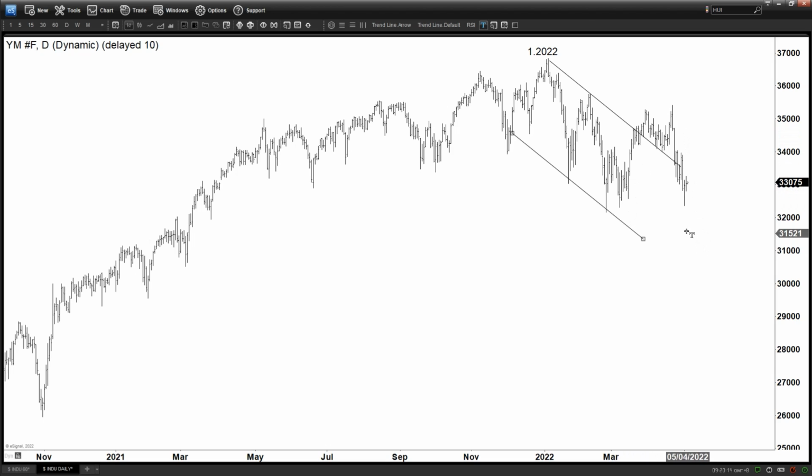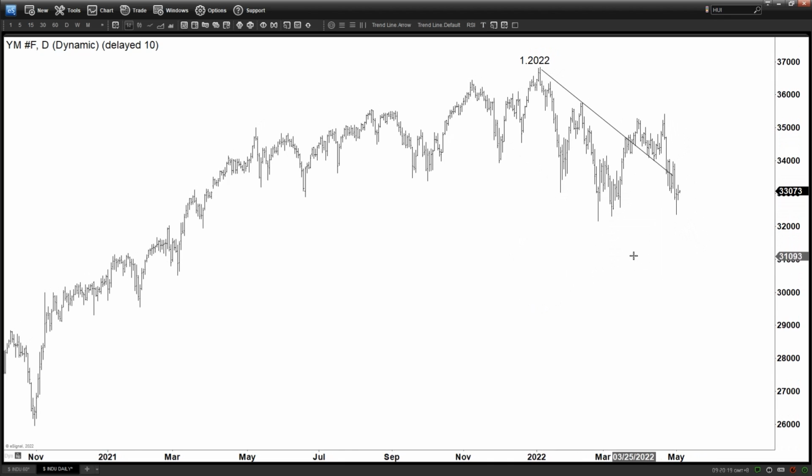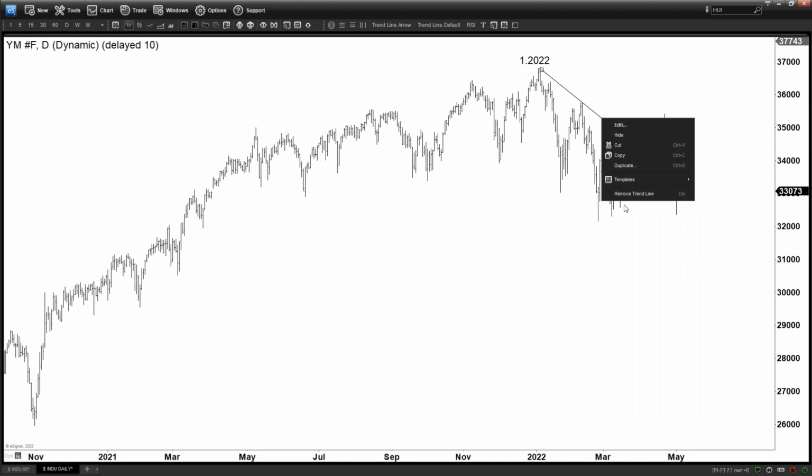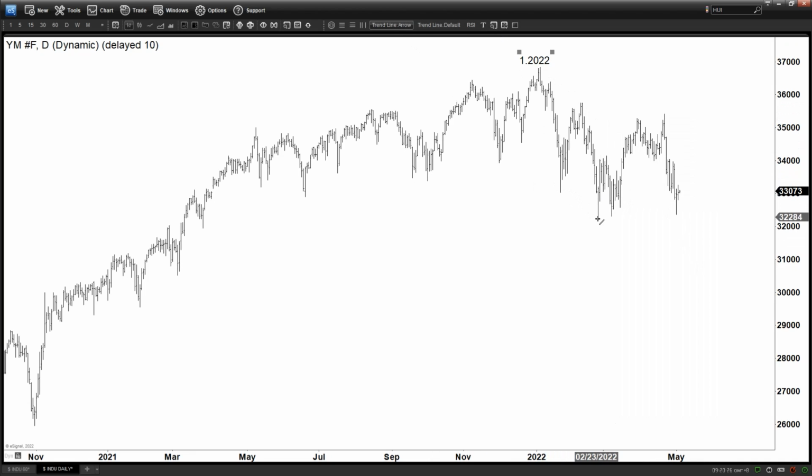before turning lower. Now in order for this view to gain validation that we are going to extend on the downside, we need to break below this previous low.